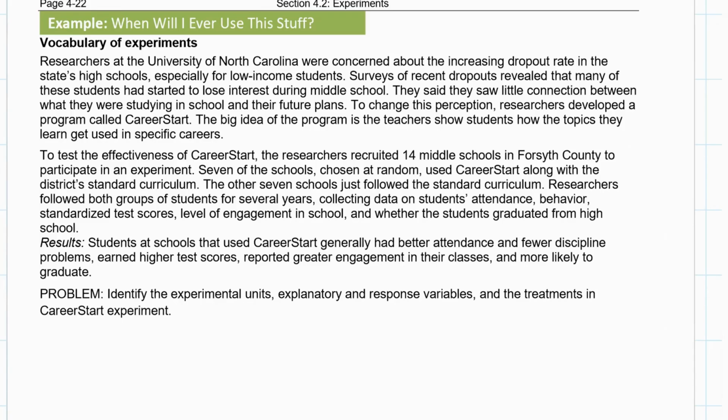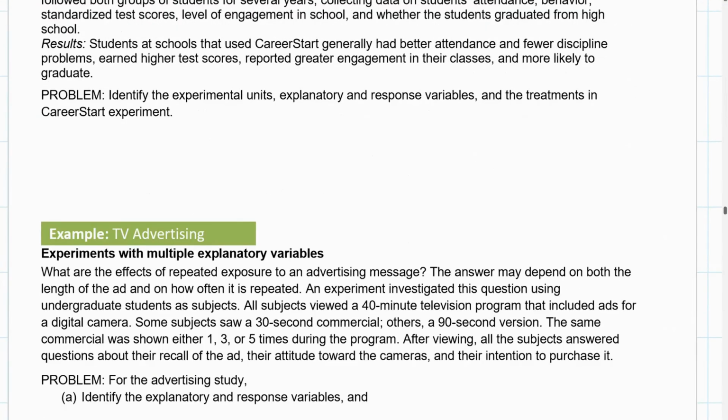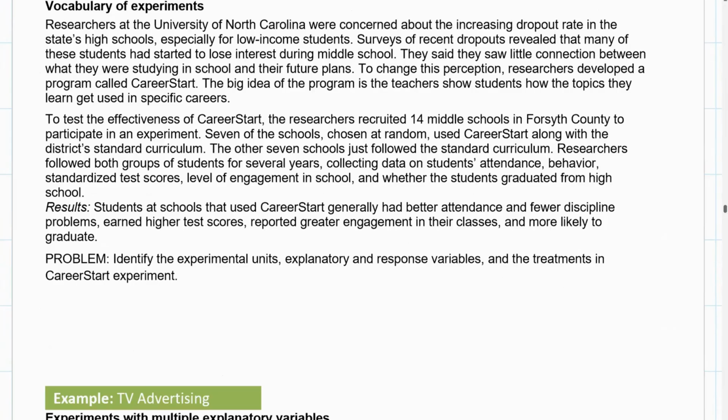Problem: identify the experimental units, explanatory response variables, and treatments in the Career Start experiment. So first of all, the experimental units in this case I believe to be the middle schools, in particular in Forsyth County.